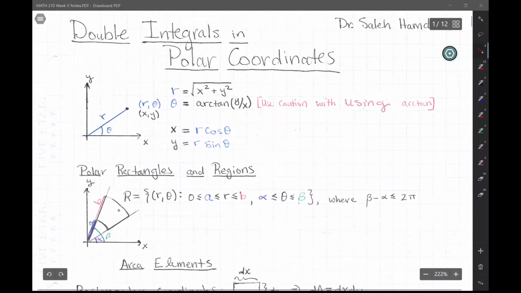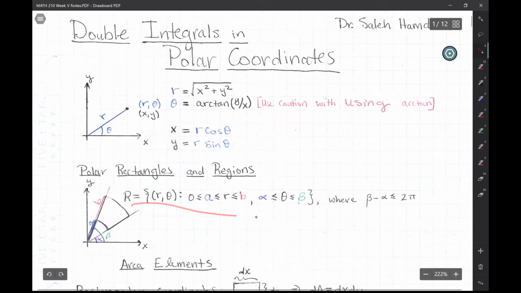We may also describe regions in the plane using polar coordinates in the following way. So here we have r between a and b, and you could see that a extends to in blue there, and b extends from the origin out to the end in red there. Also, theta being between alpha, which is the angle here in purple, and beta, which is the angle here in green.